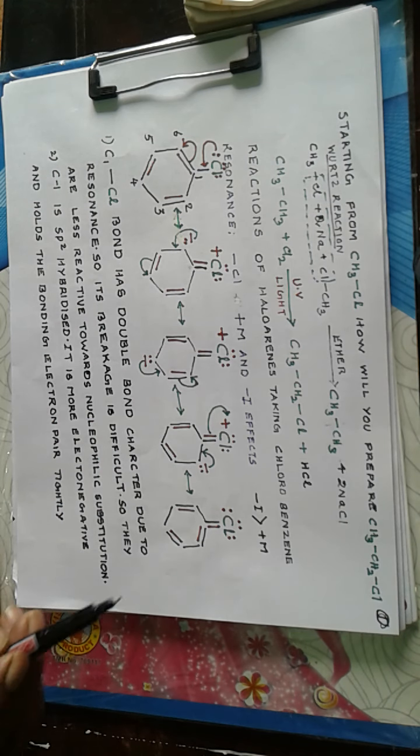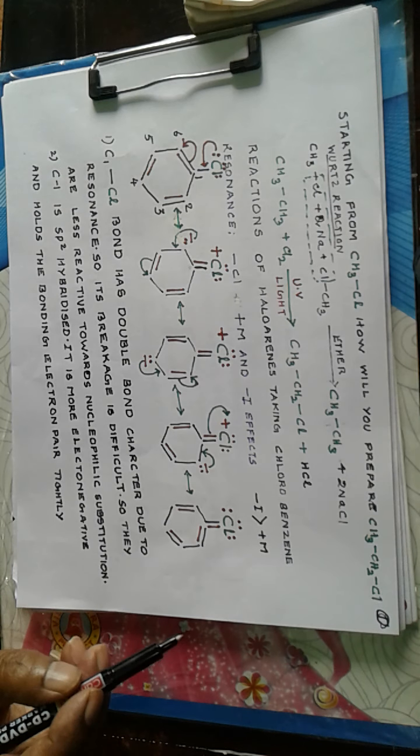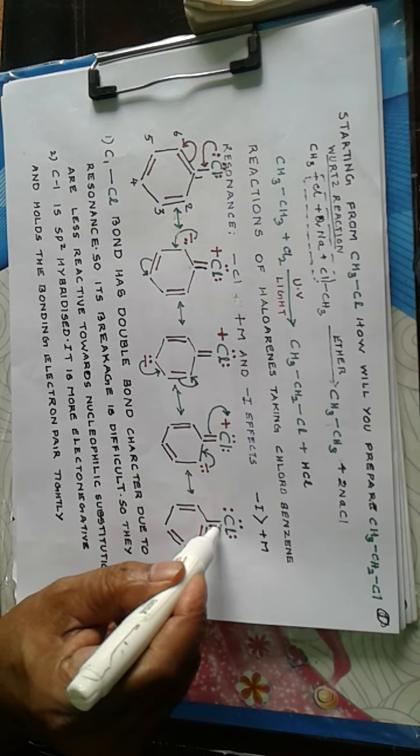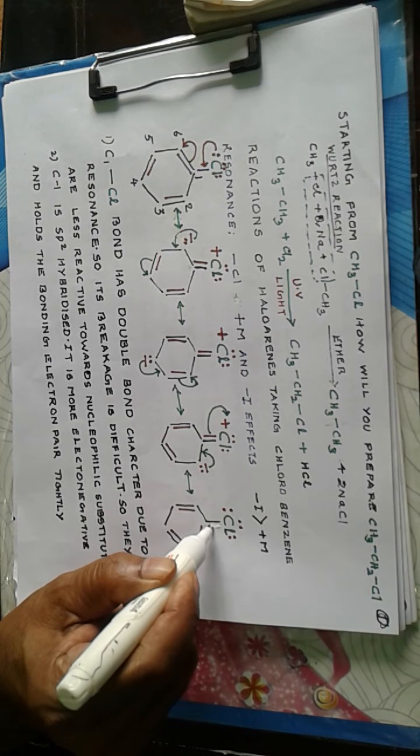The net effect is that the ortho and para positions in chlorobenzene are electron rich, we say. So electron density accumulates in the ortho and para positions of chlorobenzene, but this electron density is not so much as the electron density in the benzene molecule because of the minus I effect winning over the plus M effect.